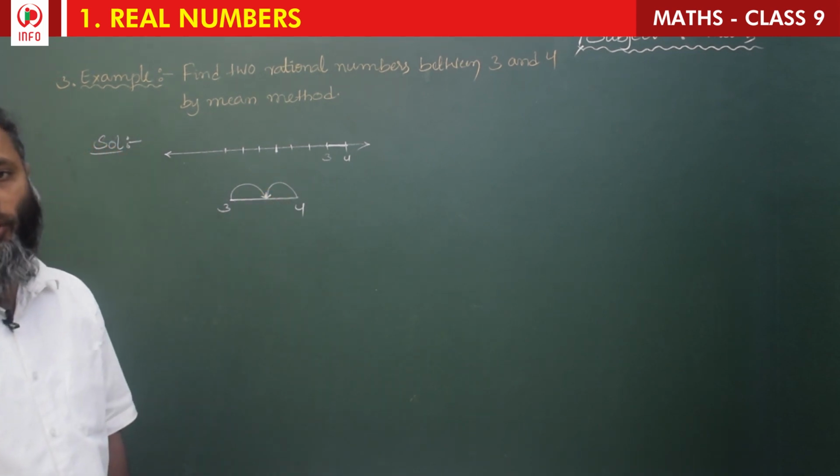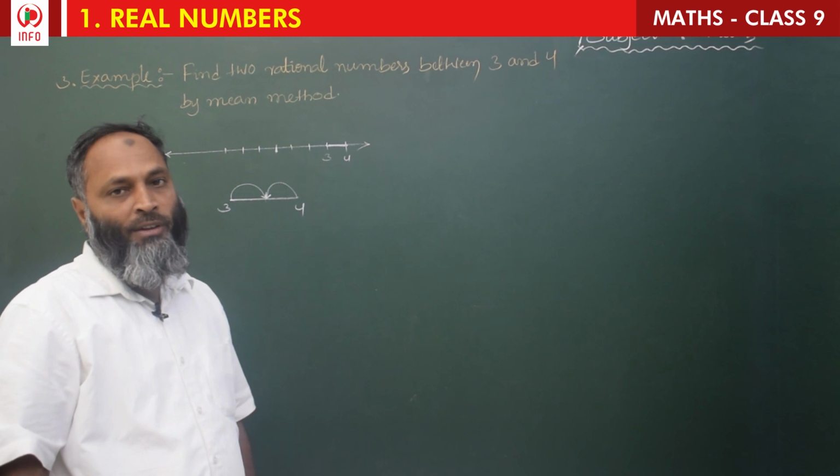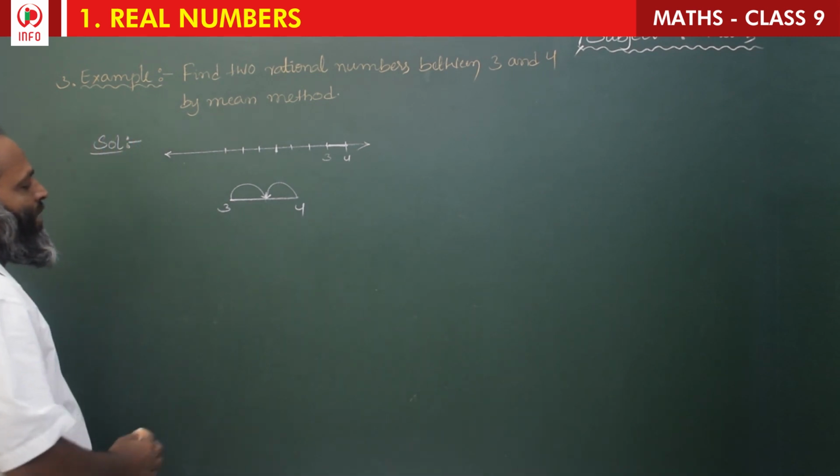So how do we find two rational numbers between 3 and 4? See here, by the mean method.